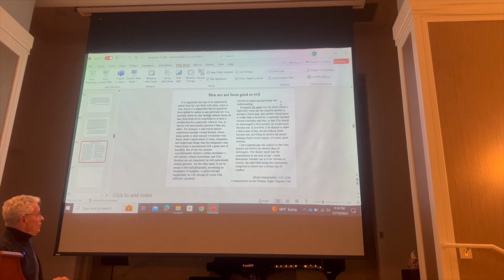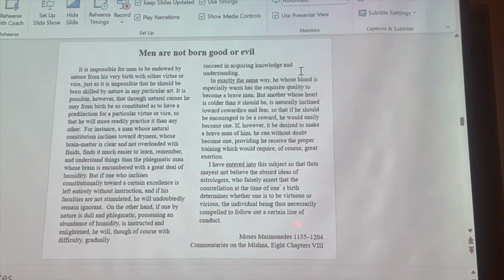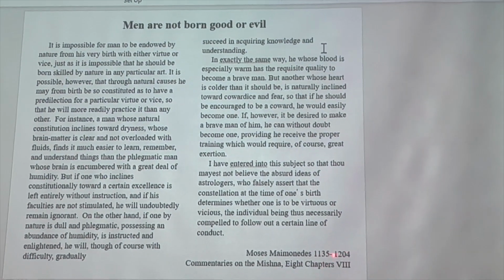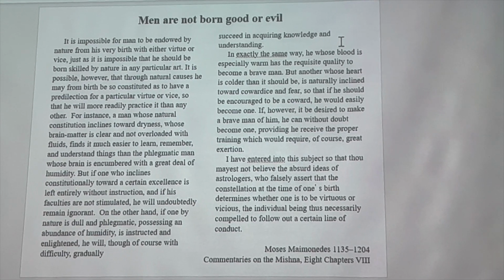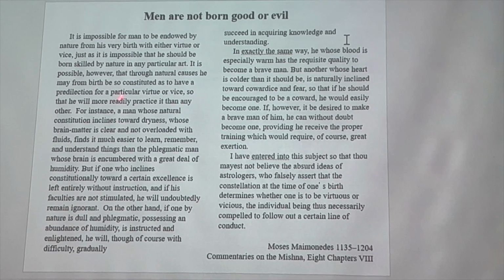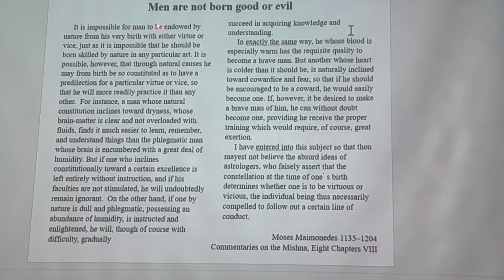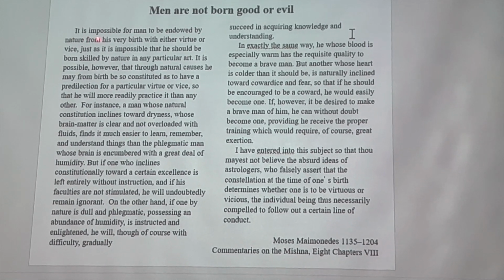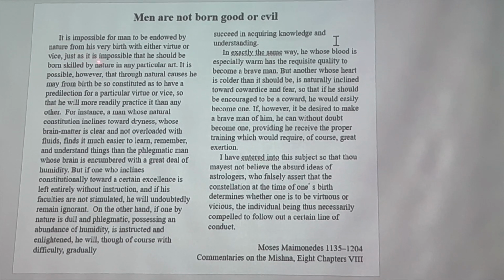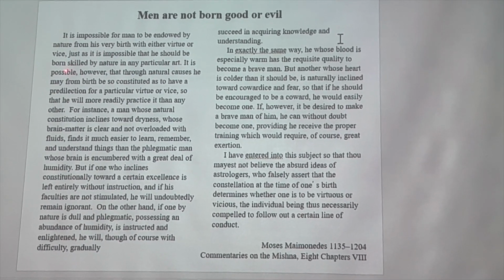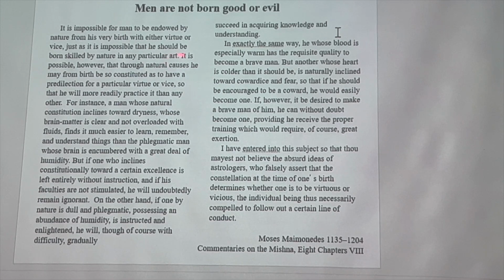Moses Maimonides, the great rabbi and physician from the 12th century, wrote this in Spain under the Moors, and he says, it's impossible for a man to be endowed by nature from his very birth with either virtue or vice, just as it is impossible that he should be born skilled by nature in any particular art.